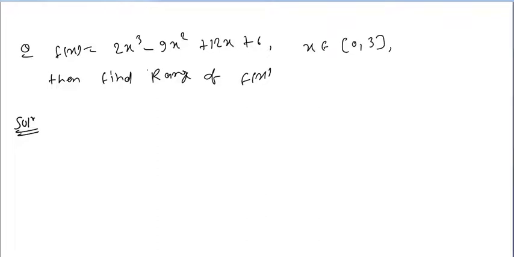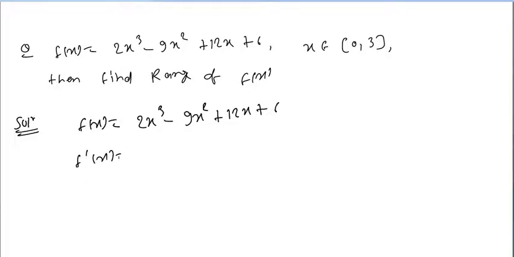So I have the function f(x) = 2x cube minus 9x square plus 12x plus 6. f dash x is equal to 6x square minus 18x plus 12, which is equal to 0.